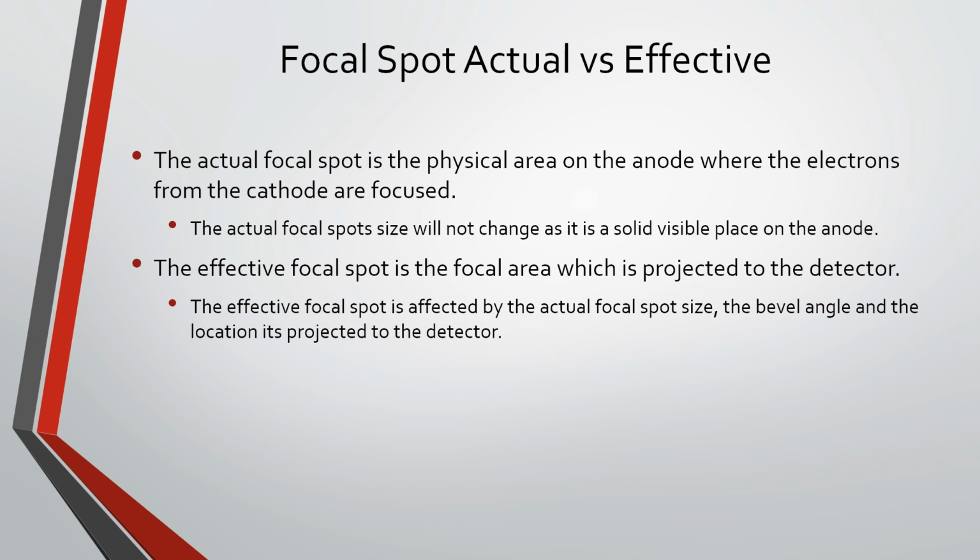So the angle of the bevel of the anode and where it's projected inside the image, okay, along the image. The image quality can be affected by the size of the effective focal spot.